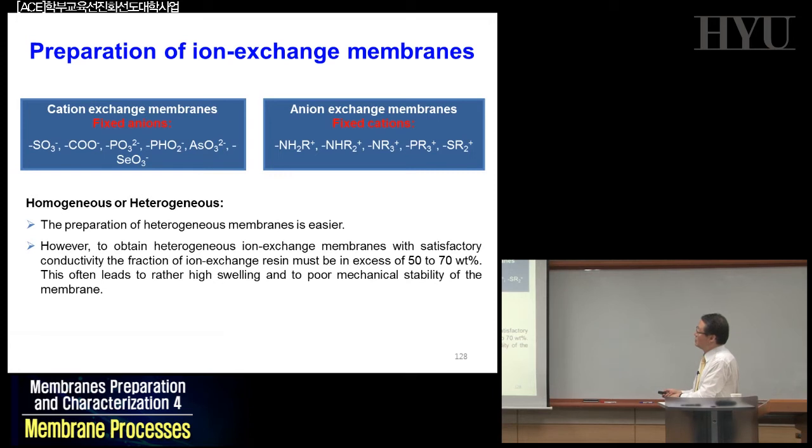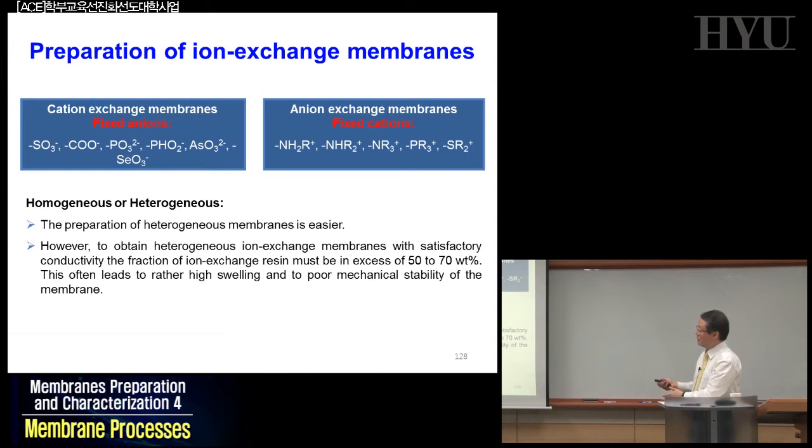We can have homogeneity or heterogeneity in IEM. The heterogeneous membrane in preparation is much easier than the homogeneous membrane. However, the heterogeneous membrane with the high conductivity of the ion exchange resin will be around 50 to about 70%.